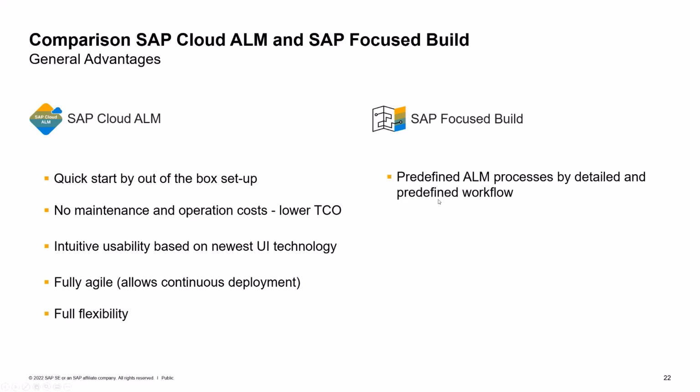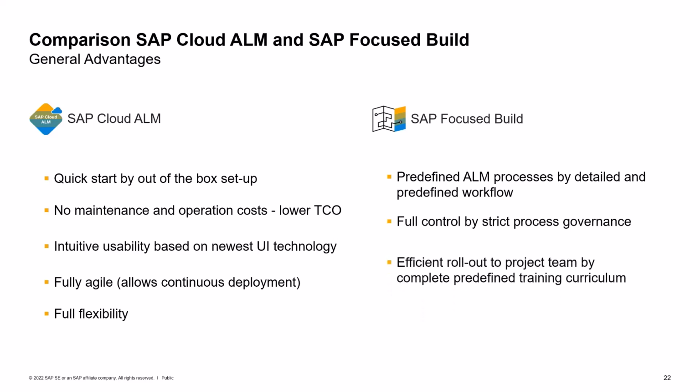And in comparison to that, we have, as said, in Focus Build the predefined processes, which are detailed and stiff. So no adjustment. By that, you have the full control and the strict process governance, which is helpful in complex projects.